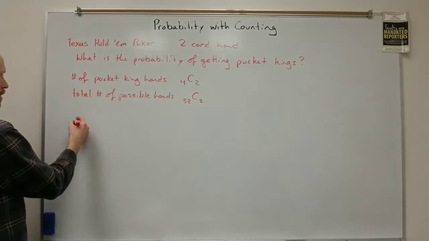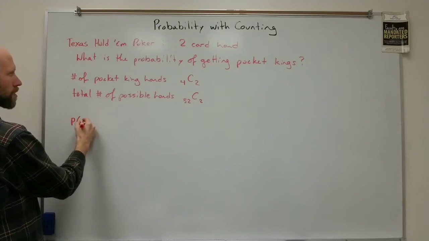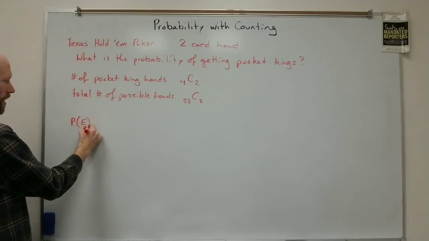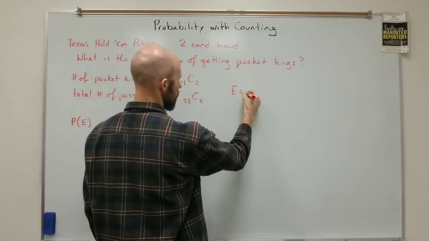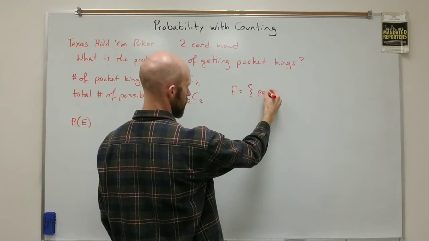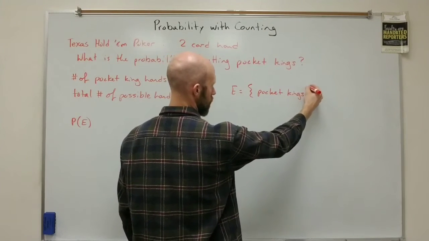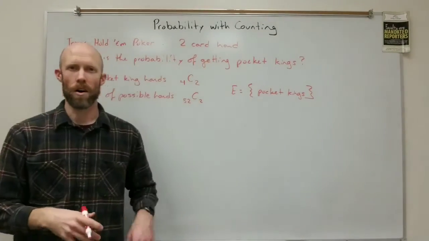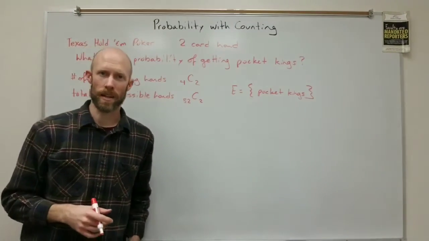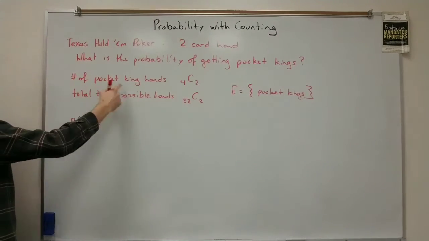And so the probability of event, we'll call it event E, where E is pocket kings, or you could say, the set of all possible ways of getting kings, so it's the cardinality of that set.